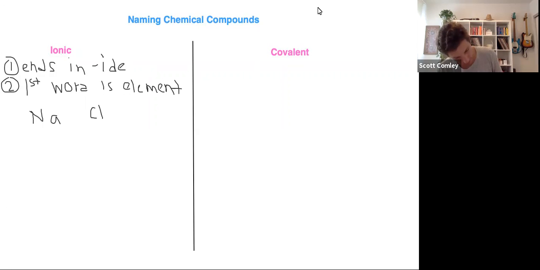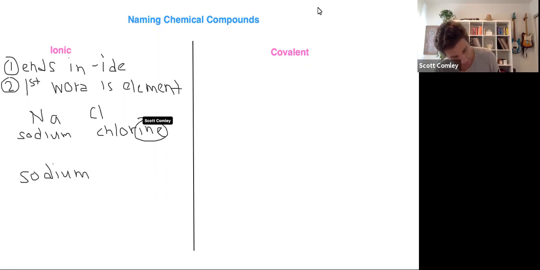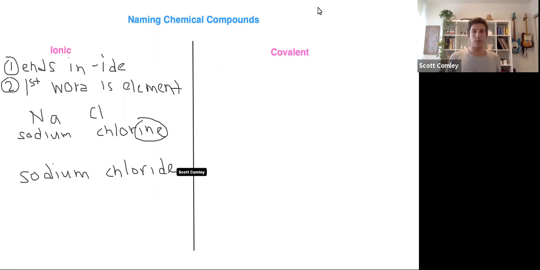This one is sodium, and this one is chlorine. Now the first word is sodium, so it stays as is. And the second word ends in "ide." So we just take that chlorine and call it chloride. Simple enough, right?